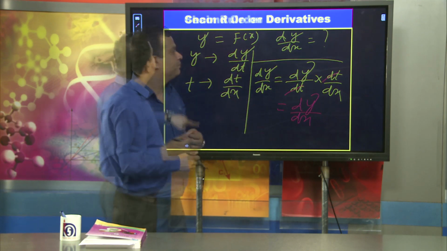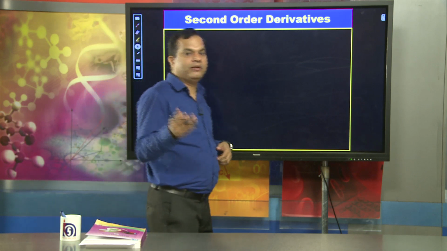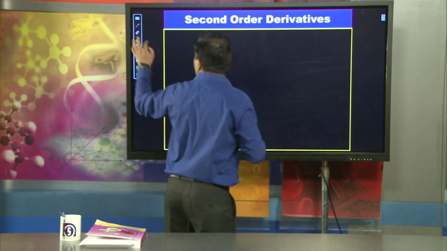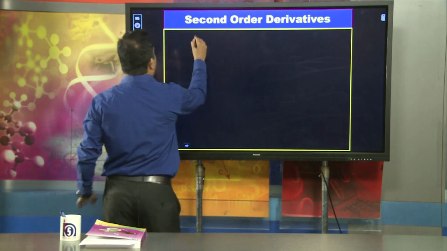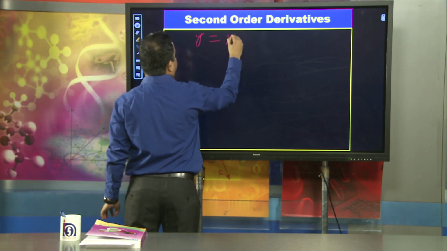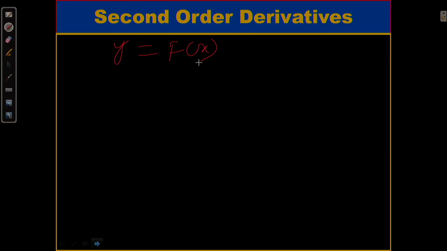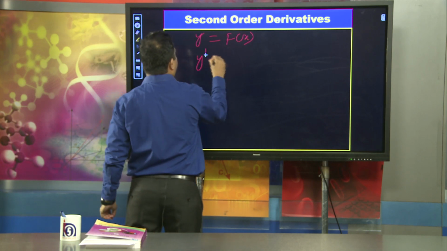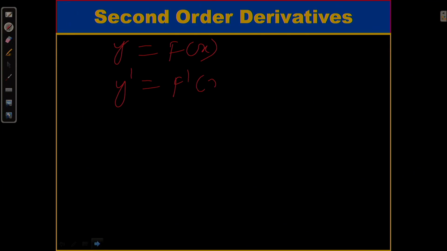Then we can find the value of the required function. Second order derivative, what does it mean? That concept is also very important. Suppose y equal to f of x. Second order derivative, in very simple layman language, means finding the derivative two times. We know that y dash equal to f dash x, and y double dash equal to f double dash x.